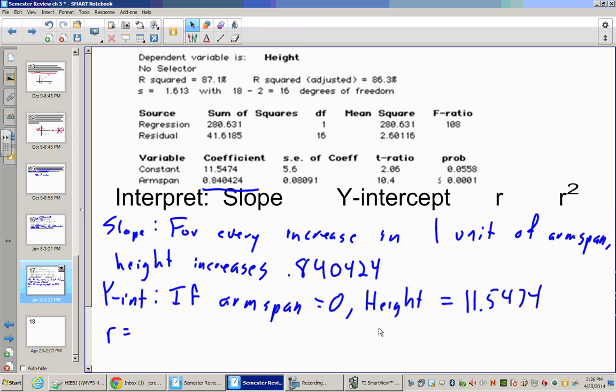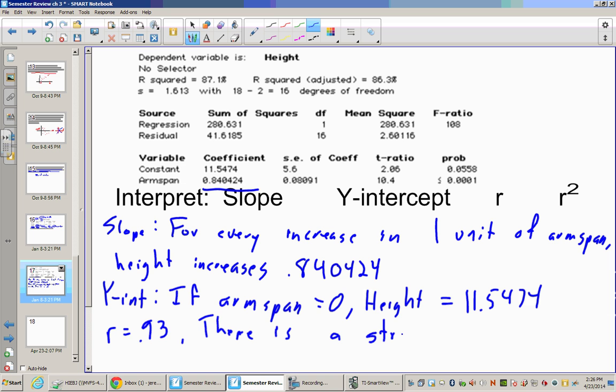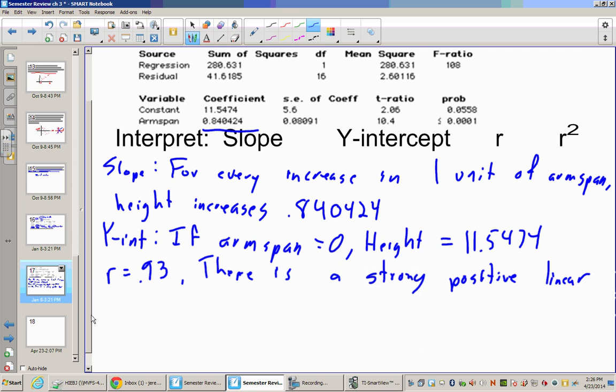So if R is 0.93, we can say there is a strong positive linear correlation between our two variables, which are arm span and height.